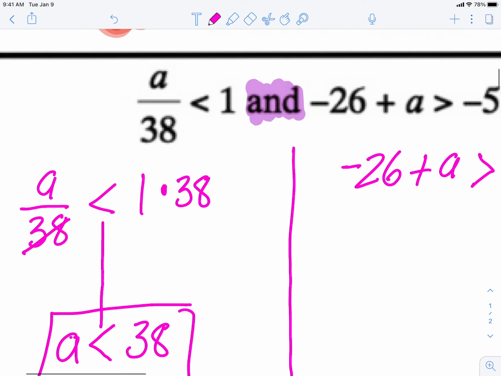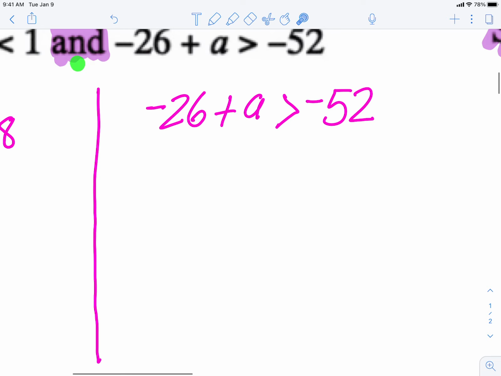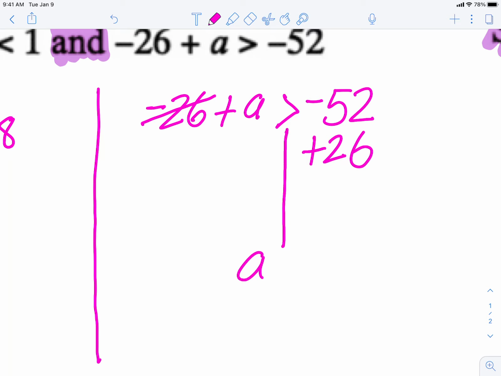And, right? Let's not forget, it says and. So now let's do this one now, right? So let's draw our line of separation. So I want to solve for A. A is what I'm solving for, so I'm going to bring my negative 26 over, and I'm going to write it as positive 26.